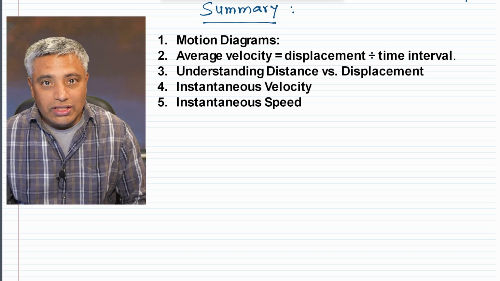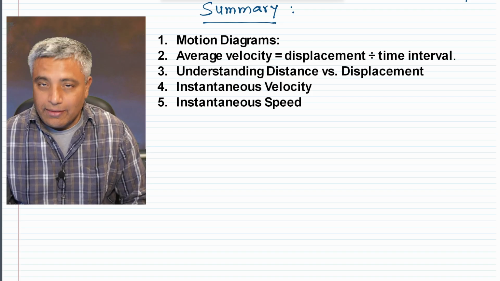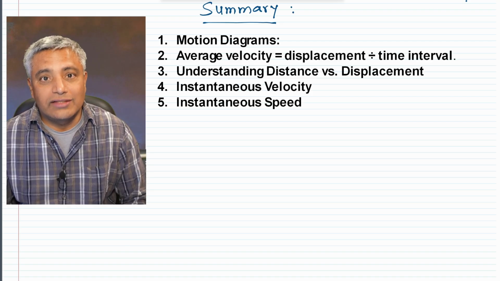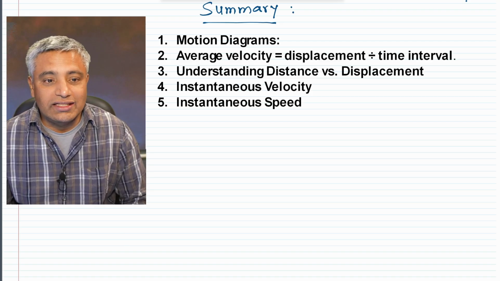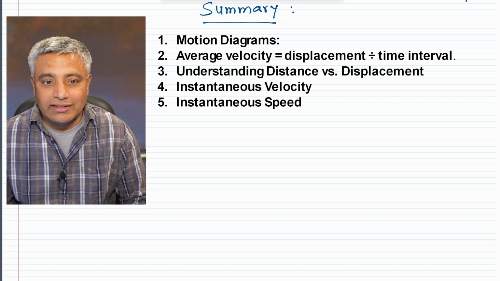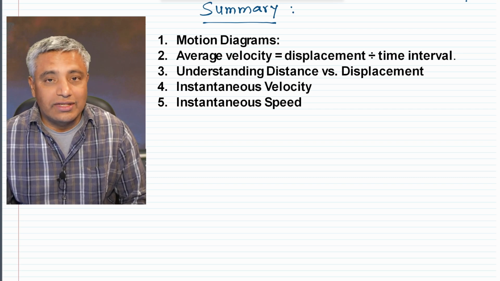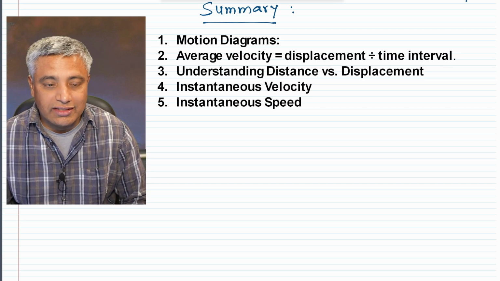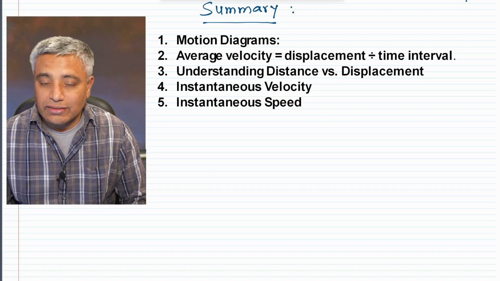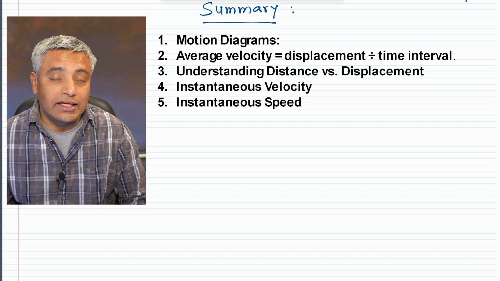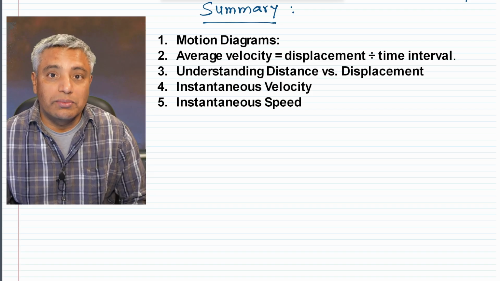Another thing we learned about is average velocity. Average velocity is defined as displacement over the time interval. It tells us how fast the object moved on average during that time interval. On a position versus time graph, average velocity is the slope of the line connecting those 2 points.